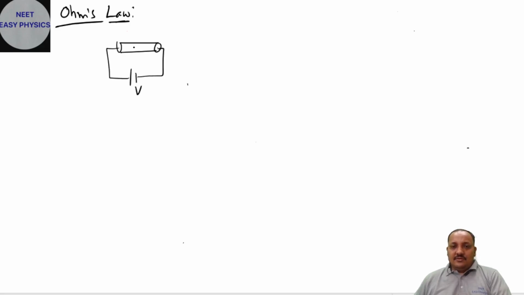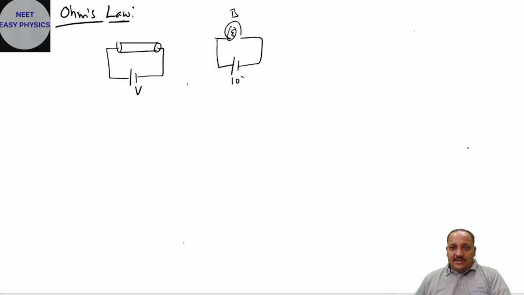In this class, we will discuss Ohm's law and the different forms of Ohm's law. Whenever we connect a voltage to a conductor, we see exactly what Ohm said. In a bulb, the filament is nothing but a conductor.